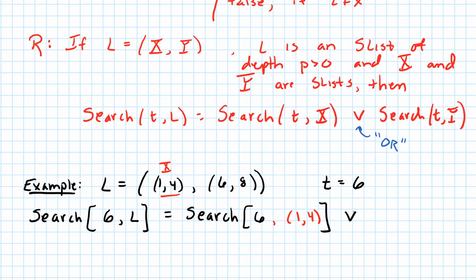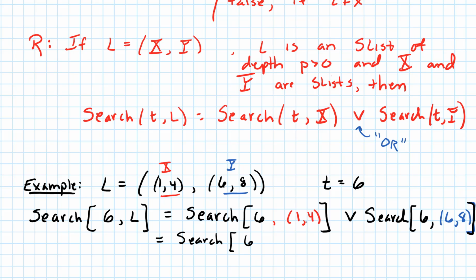Disjunction, there's our OR statement. Search, we want to see if our target 6 is in the other list, which is Y. I'll put that here, that's 6, 8. I'll stick with the color conventions.